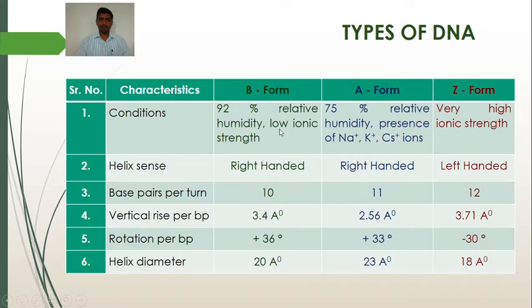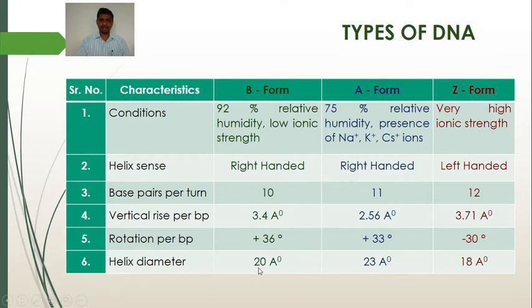Now the vertical rise per base pair means the distance between the adjacent nucleotides. In the B form it is 3.4 angstrom, in the A form it is 2.56 angstrom and in the Z form it is 3.71 angstrom. The rotation per base pair is plus 36 degrees in the B form, plus 33 degrees in the A form, while in the Z form it is minus 30 degrees.